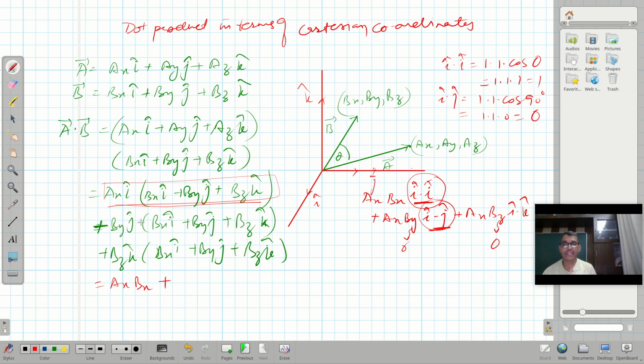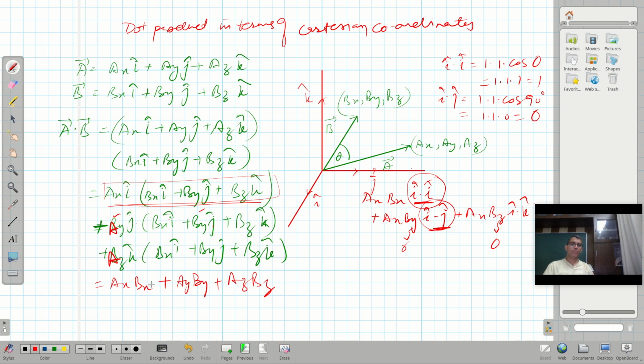But when j is multiplied with j, it remains the same. Oh sorry, I made a mistake somewhere here. Rather than this, it is AY and BY, right? So when y with y, it is AY BY. Similarly, it is AZ BZ. That is the dot product in terms of Cartesian coordinates, right?